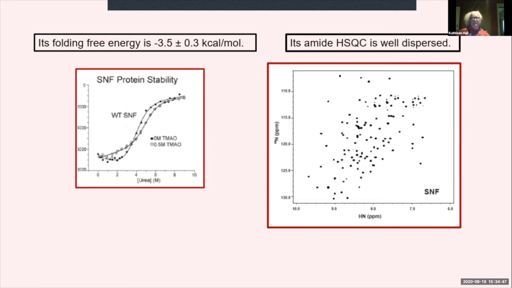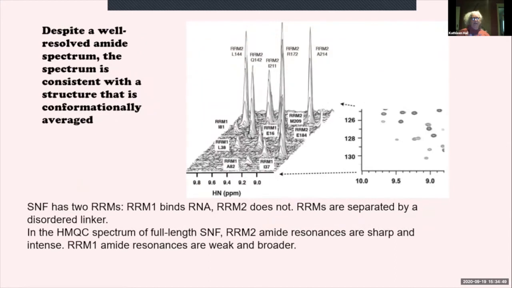And that "some ways" is a caveat and is shown here. So the protein itself, again, like I said, has two RRMs. They don't interact with each other. They're completely independent. RRM2 does not bind RNA. RRM1 does.